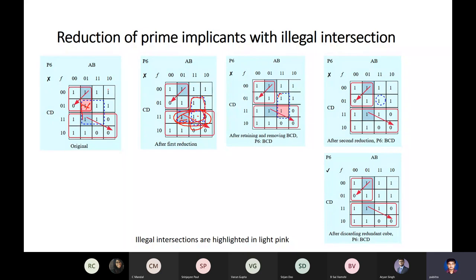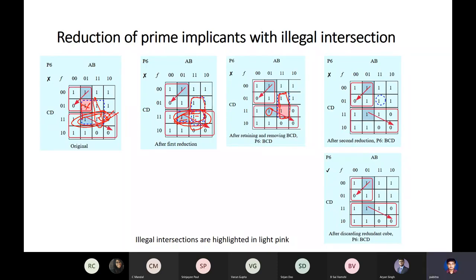Then this is intersecting with this, but this contains this. Okay, so we retain this, and then let us look at the other one. Here also the problem is this intersects with this but does not contain the starting point, so I have to reduce it further. This I retain, this doesn't have a problem. So I break it down into this and this. This is legal, this is legal, this BCD thing is legal. So now this is one of the DHF.